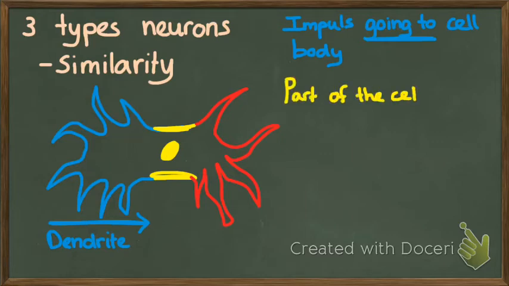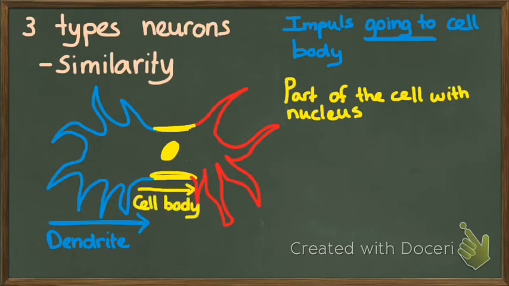Then the cell body, it's where you find the nucleus and most of the organelles, so cytoplasm, mitochondria, etc. Everything to keep the cell alive and going. This is the cell body. And then you have a part of the neuron where it goes away from the cell body. So it has tail-like structures where it goes away.